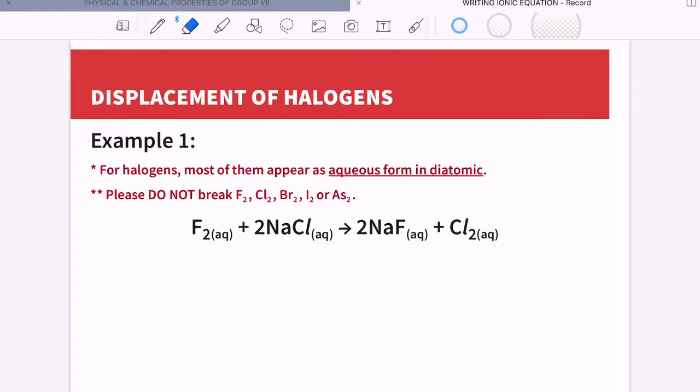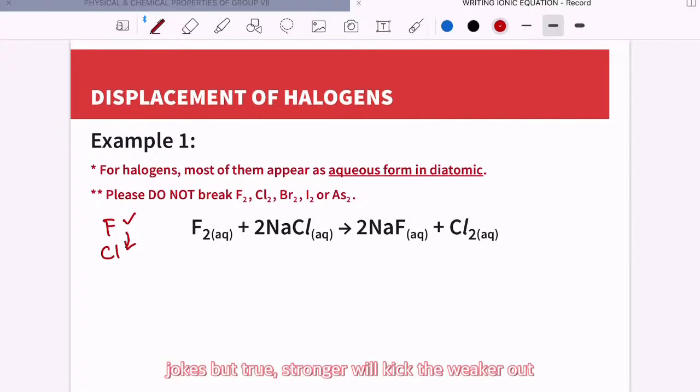Then this fluorine will overtake the position to become sodium fluoride, and chlorine. Just to brief you, fluorine is on the top, chlorine is below fluorine, so this will overtake the position of chlorine. Just remember, the strongest will dominate the world.